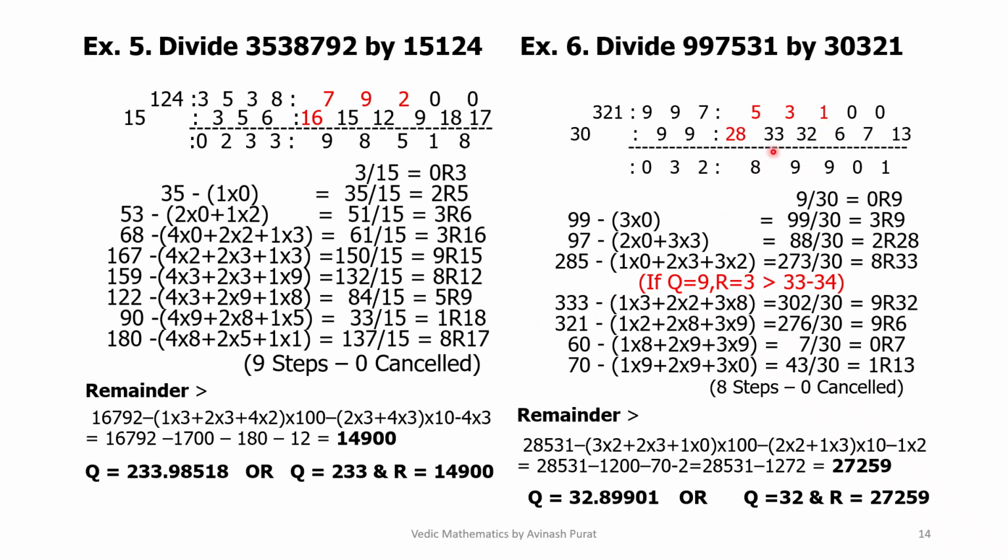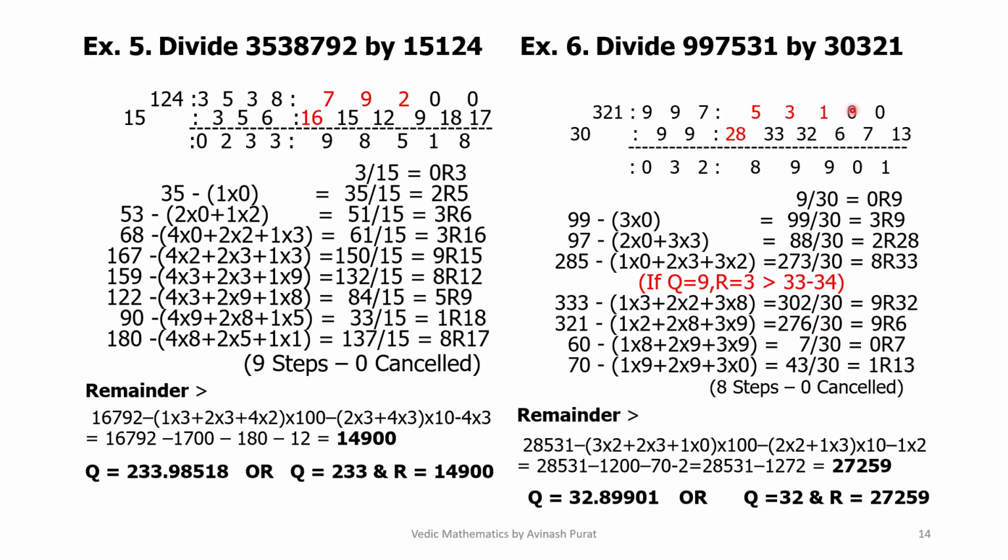So 321 is the dividend, minus 1 into 2 plus 2 into 8 plus 3 into 9 equal to 276, divided by 30 equal to 9 and remainder 6.